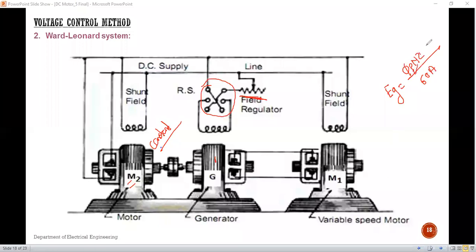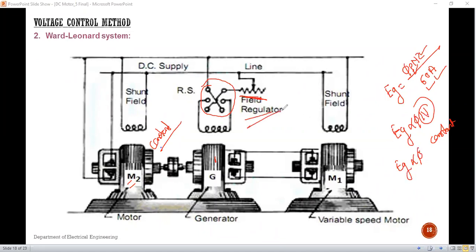P is constant, the number of conductors is constant, 60 is constant, A is constant. So Eg, that is the generated EMF, is directly proportional to phi into N. Again N is constant. So the equation is nothing but Eg is directly proportional to phi.